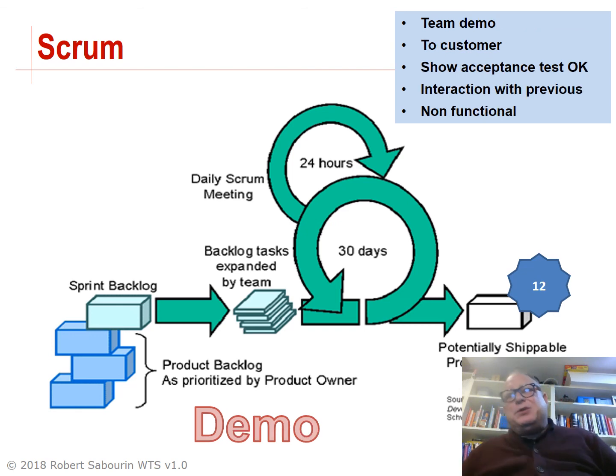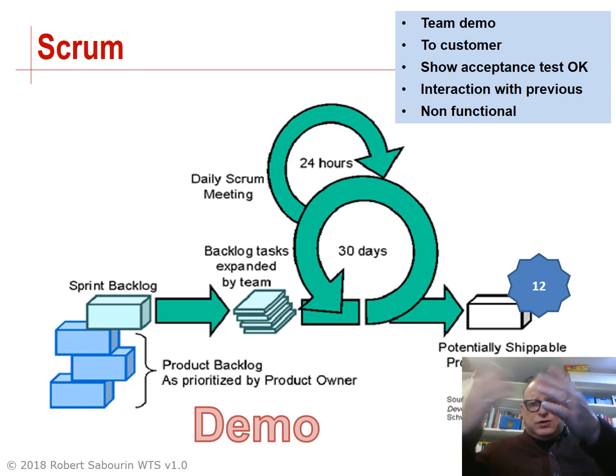At the end of the sprint, when the stories are done and the time box is over, the team has what's called a demo. In the demo, the team shows to the customer, product owner, and other stakeholders that the stories or the features we implemented meet the acceptance criteria and can interact with other features that are already there.